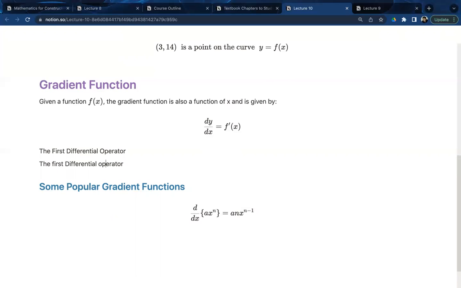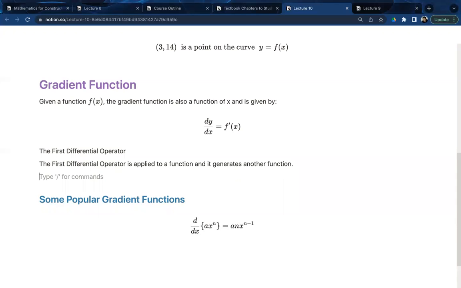So the first differential operator is applied to a function and it generates another function, right? So you have to spend some time understanding the terminology behind this thing, right?